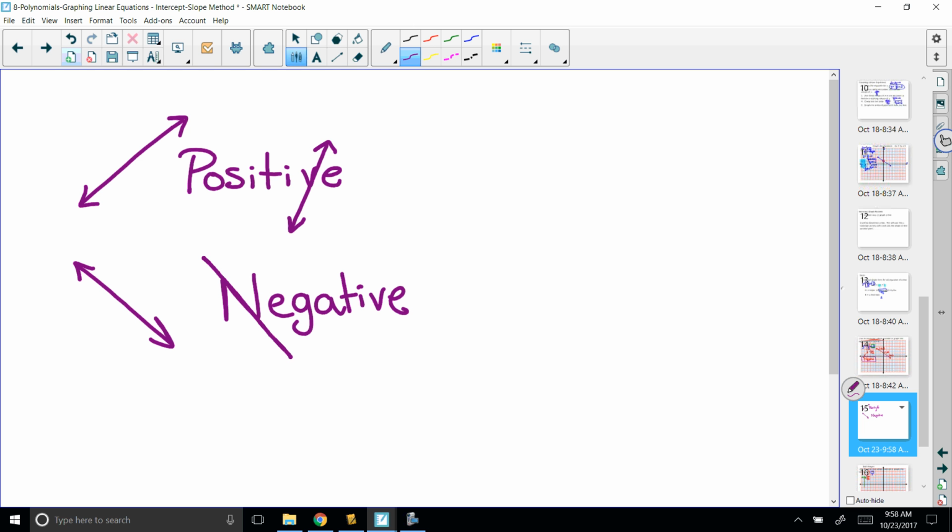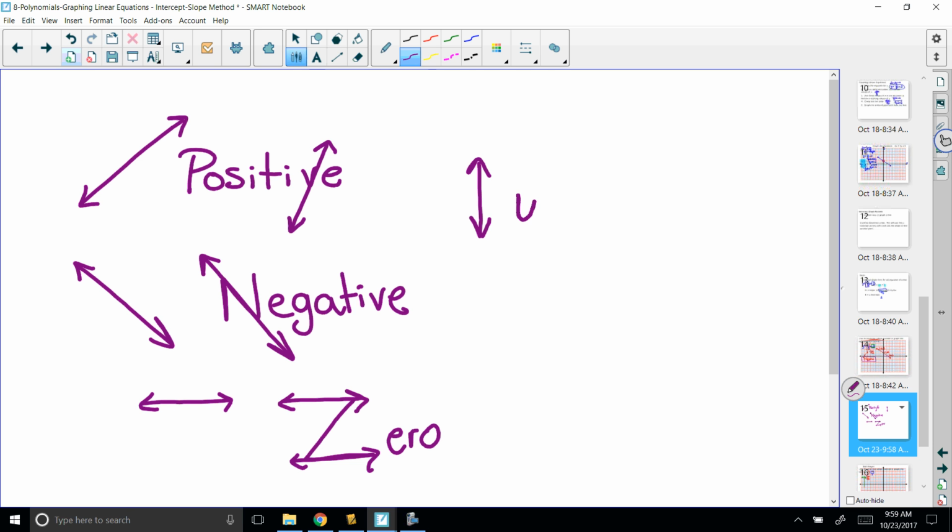And I drew a line designating a negative slope. If you have a horizontal line, that is known as a zero slope. And then we have a vertical line. And when you have a vertical line, that's known as an undefined slope.